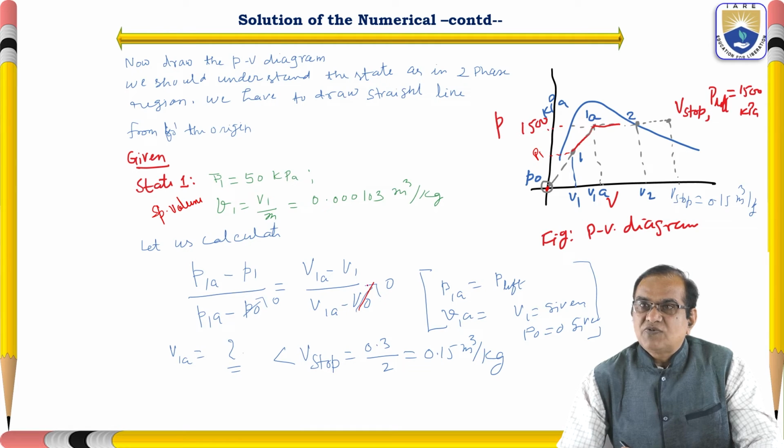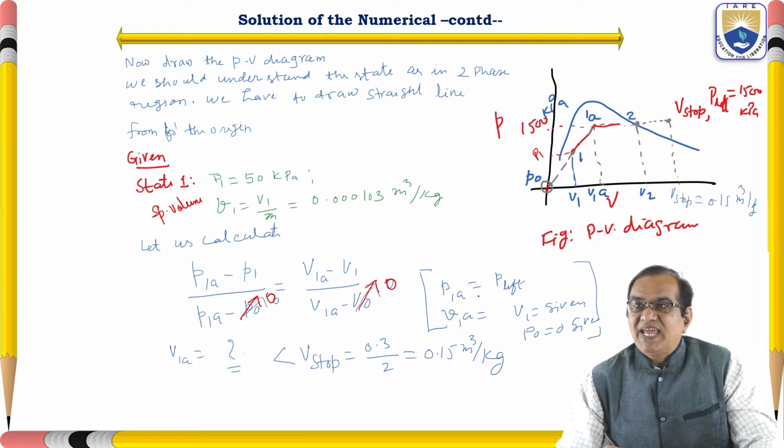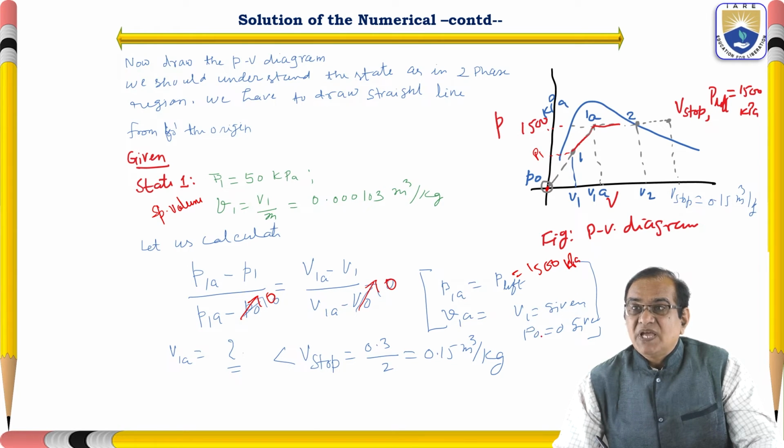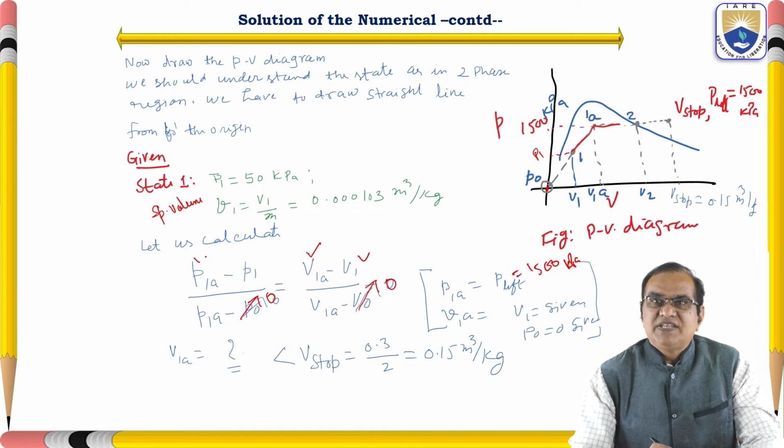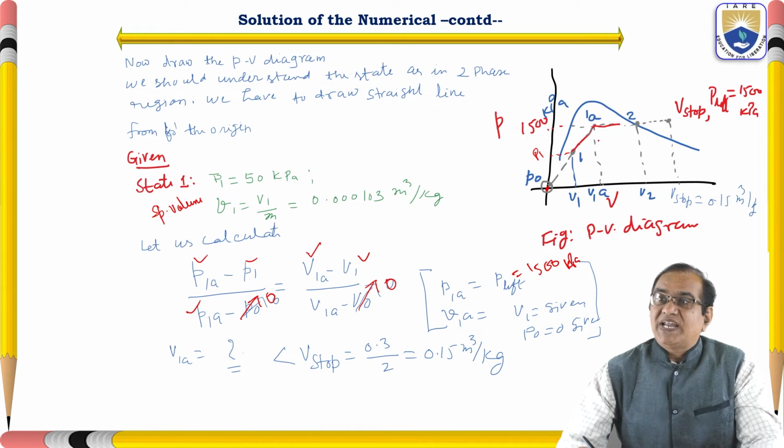Here V0 is equal to 0 and P0 is equal to 0. So from here P1A is equal to P lift, which we have found as 1500 kilopascal. V1A is what we have to find out. The other values are given, so we can find V1A.